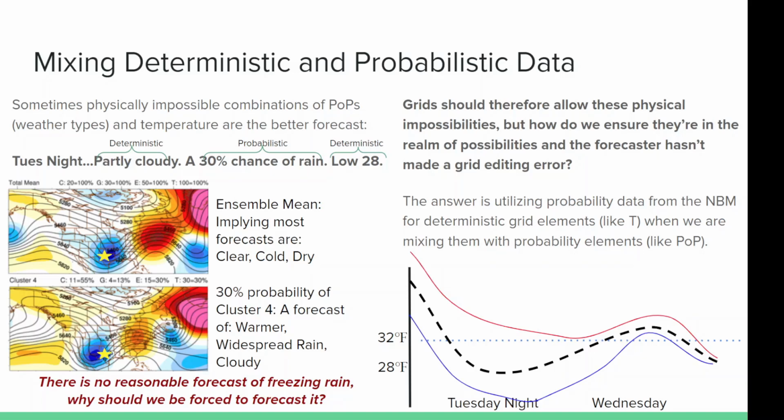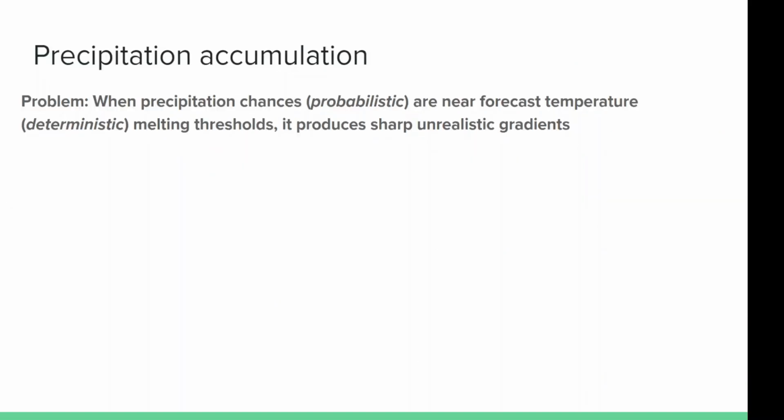So when mixing probabilistic information, the POP, with deterministic forecasts, like temperature, problems do occur, especially with precipitation accumulation near the deterministic melting threshold.